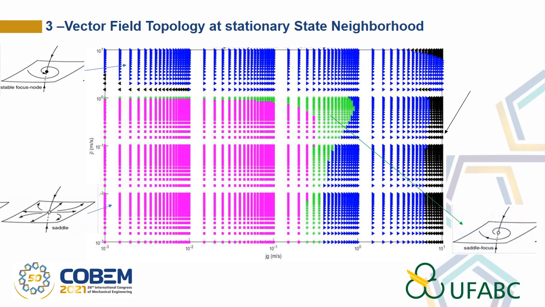Green means the stationary state is an unstable focal node. Black means the stationary state is a stable node. The transition from stable focus node to unstable focus node is associated with a Hopf bifurcation, as we illustrate in the next slide.